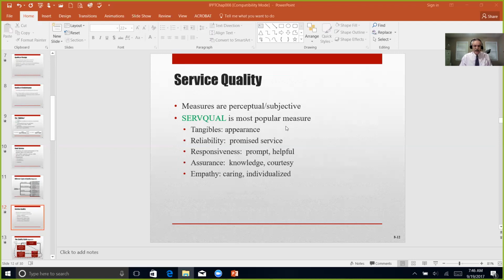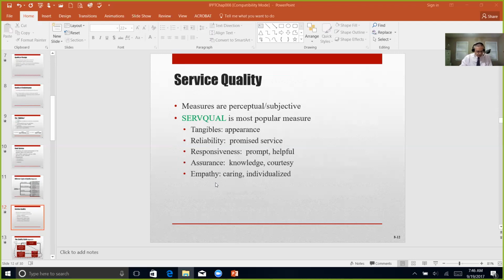These five attributes that we see here go into how we measure service quality, called ServQual. ServQual, assessing customer perceptions, is the most popular way of evaluating customer perceptions over these five dimensions: the tangibles, reliability, responsiveness, assurance, as well as empathy.